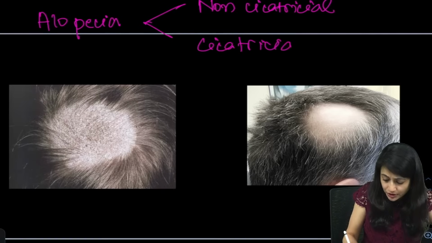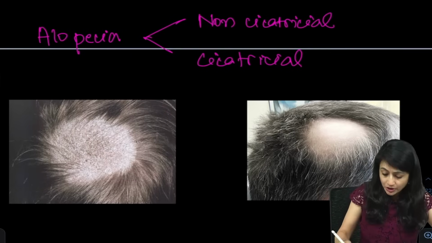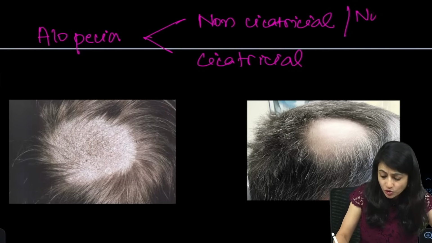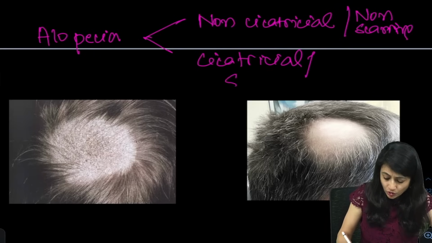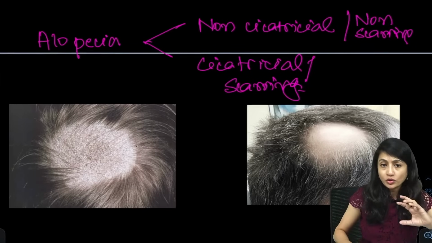A lot of the time they will just give you which of these is not a cicatricial or which is not a non-cicatricial alopecia. Non-cicatricial is also called non-scarring and cicatricial is also called scarring alopecia. Now just remember the important causes of each of them.